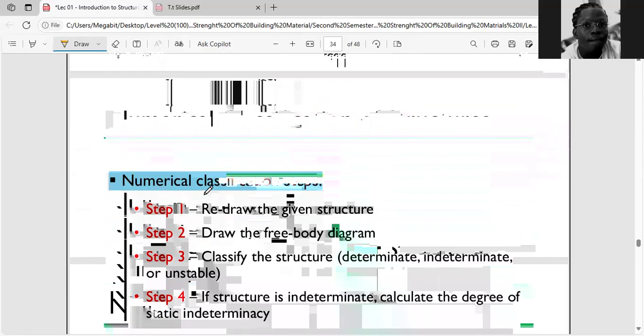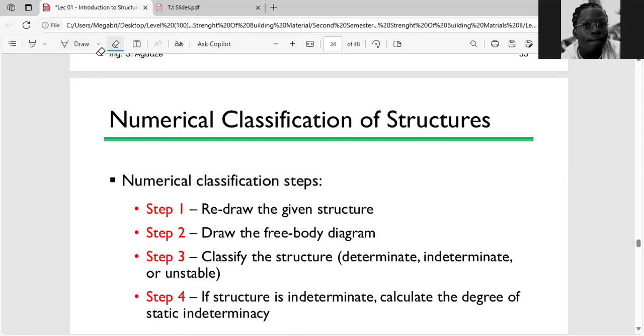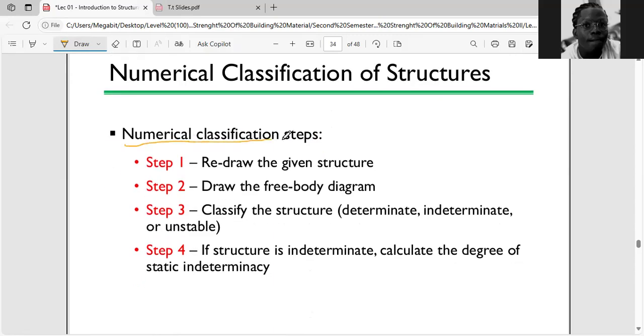Let's come to the numerical calculations. These are the step-by-step processes you should go through to be able to tackle any question. These steps are the numerical classification steps. Step 1, you are going to redraw the given structure. Step 2, draw the free body diagram. In step 3, classify the structure, whether it is determinate, indeterminate, or unstable.